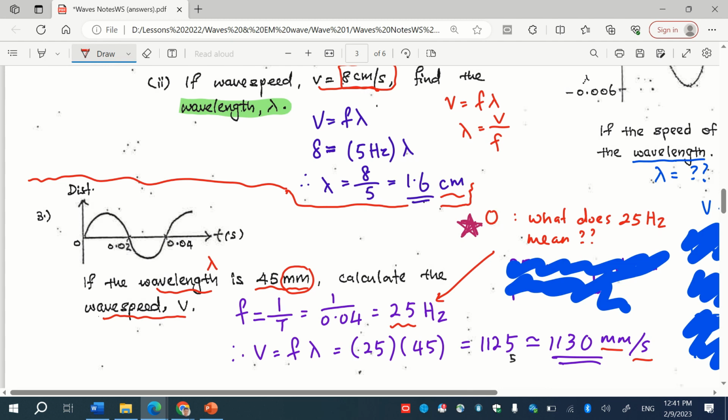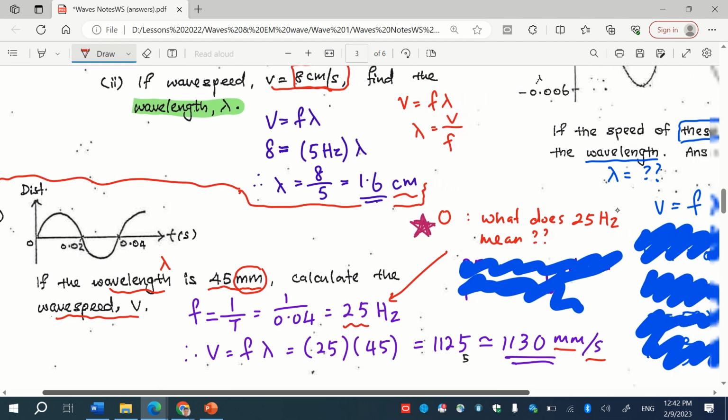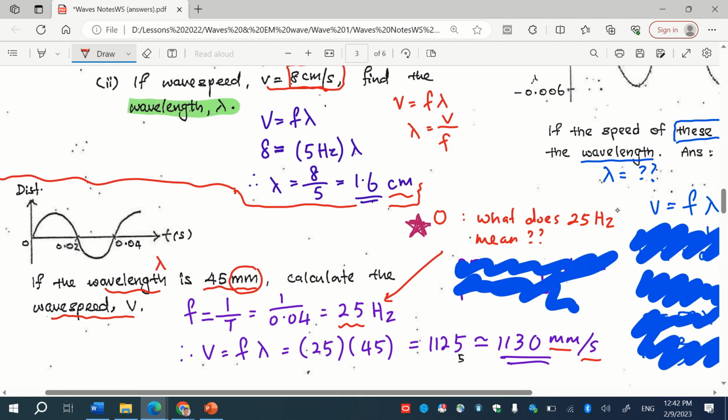Okay, at this time I also want to ask you, what does it mean by 25 hertz? You may want to put this question in your notes. What does 25 hertz mean to you in an English sentence? Tell me what it means.